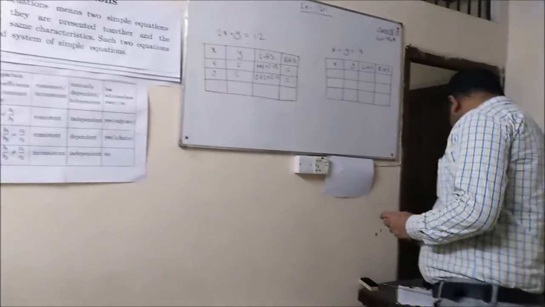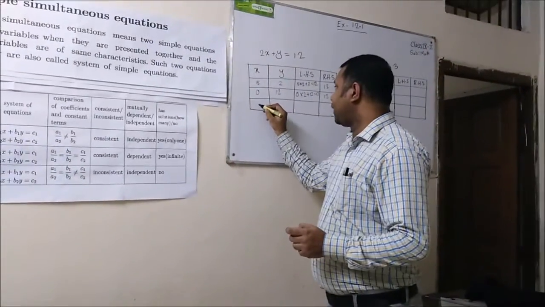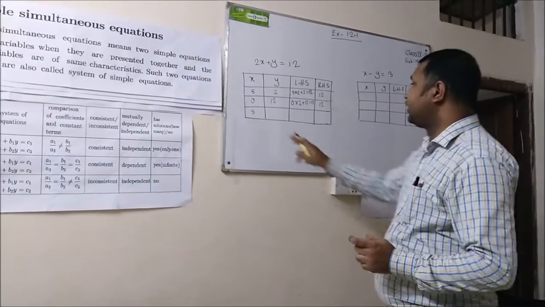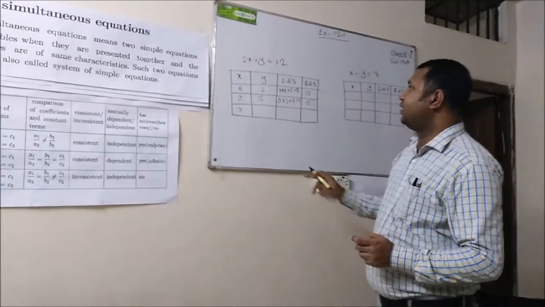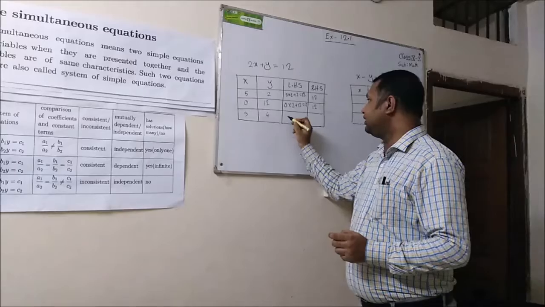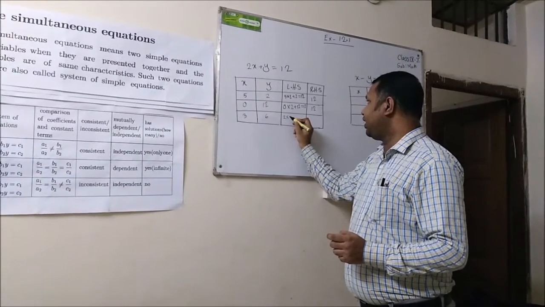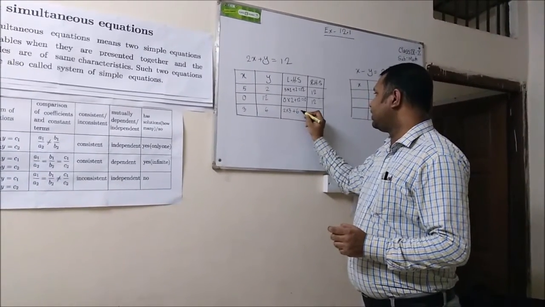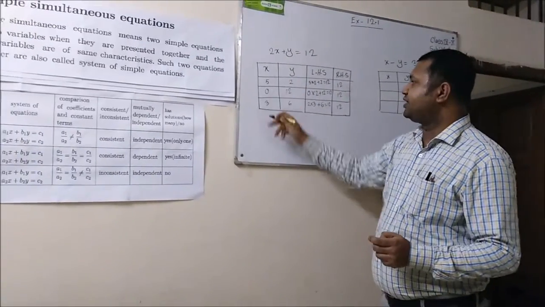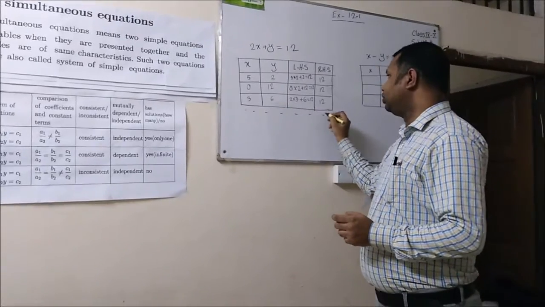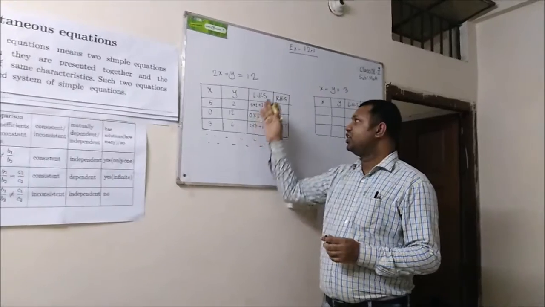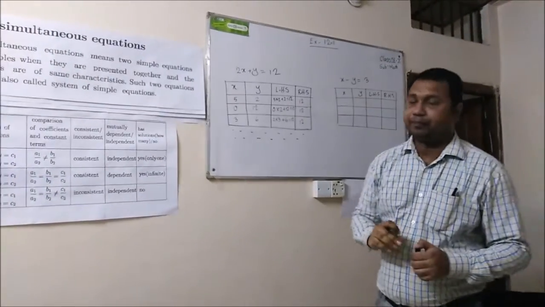Similarly, if I put 3 in the place of x and the value of y equal to 6, then you will see 2 into 3 plus 6 equals 12. So the right hand side is 12. For this you can try more values, and for those values of x and y you will get the left hand side and the right hand side equal.